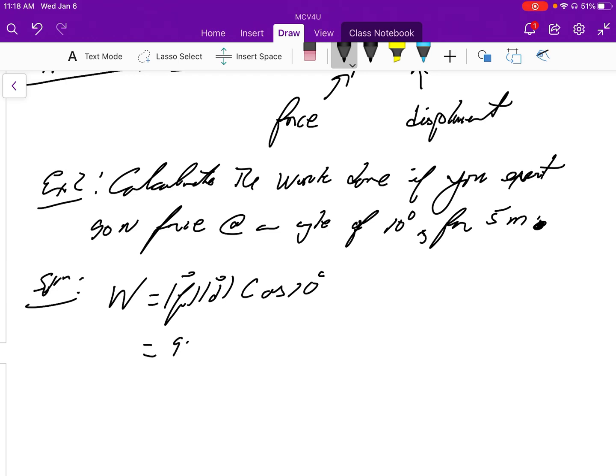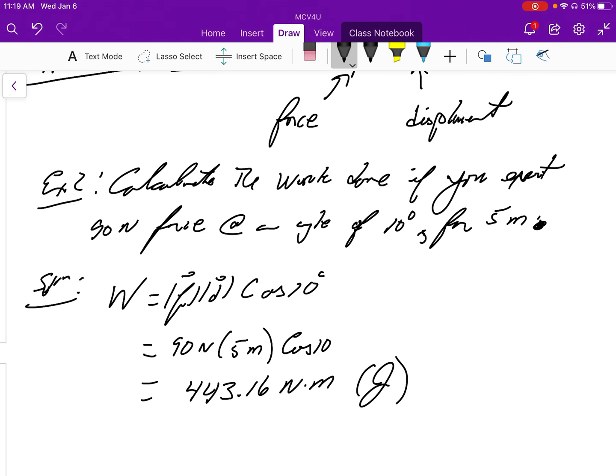And so you simply have the 90 newtons times the 5 meters times the cos of 10. You have 90 times 5 times the cos of 10, and you end up with approximately 443.16 Newton meters, or joules. That's the unit of work.